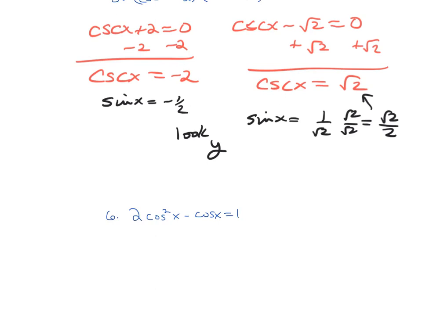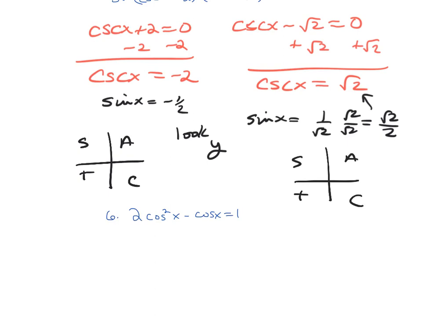So you can do your all students take calculus. For sine negative, get rid of this and this. So I'm looking here and here. And over here, I want sine positive, so get rid, and now it's opposite.